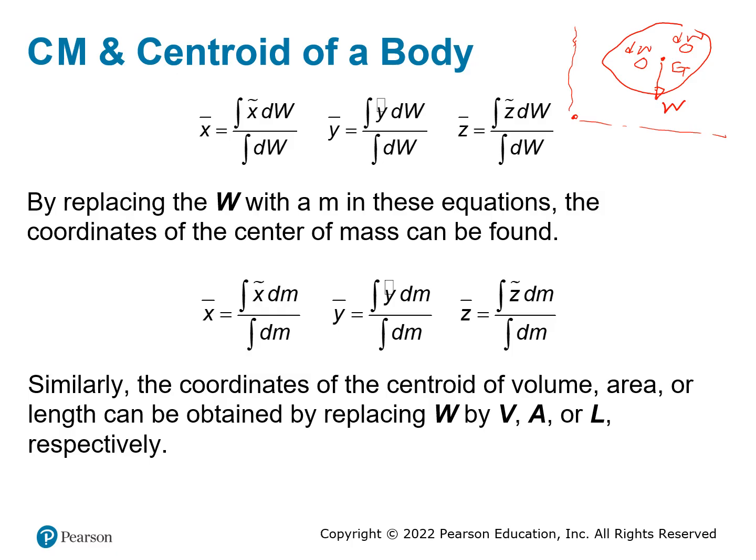We can pick any point. Let's just pick the point here, which is the origin. And then the moment due to this body is equal to the total weight times this distance, which we're going to represent as x bar here.